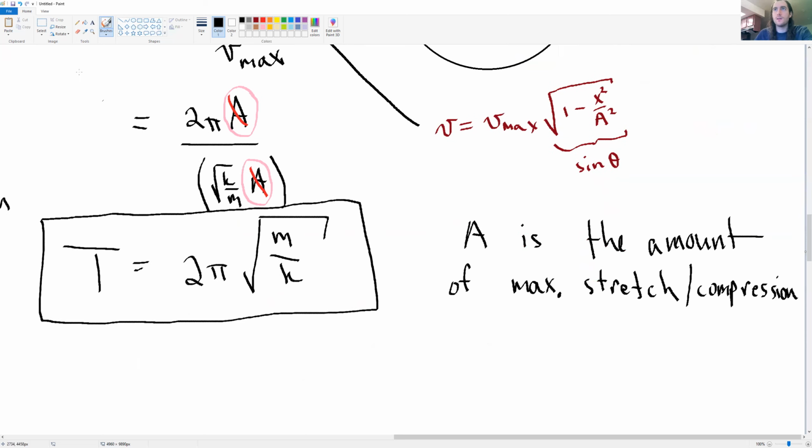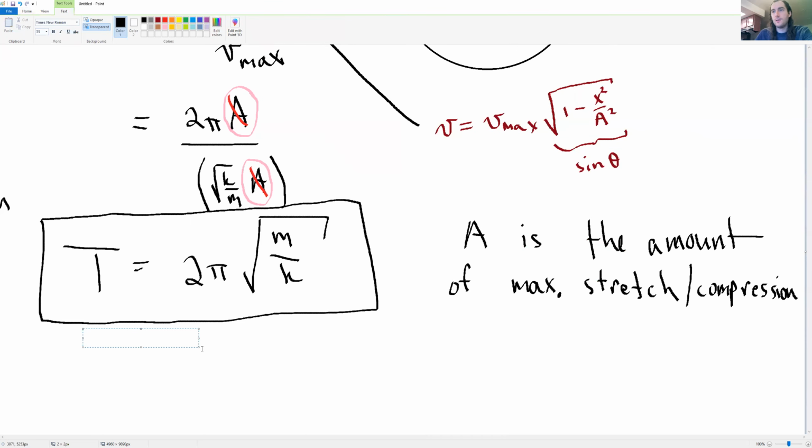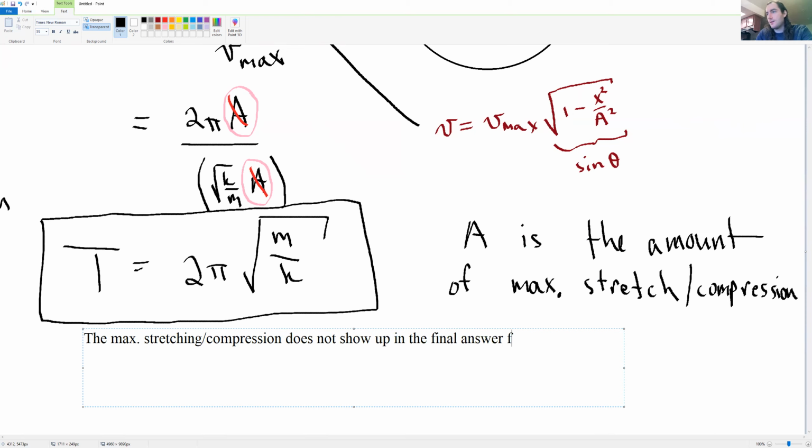Let's write it in words because it really is that important: the maximum stretching or compression does not show up in the equation for the period of oscillation.